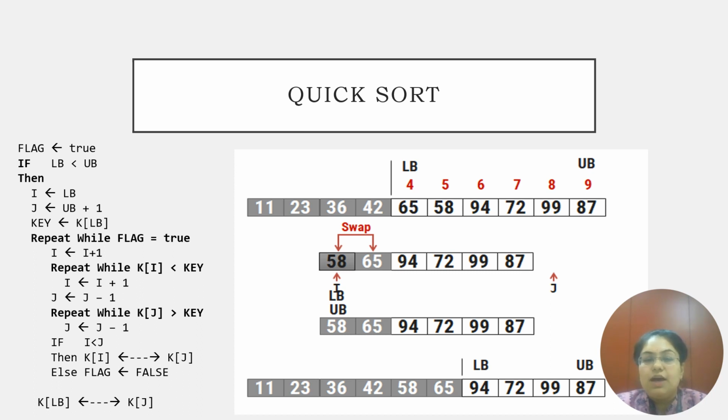Now we are moving ahead, we are incrementing the value of lower bound. So now the lower bound is set at index 6 where the value is 94 and upper bound is the last element. Now we are moving ahead.